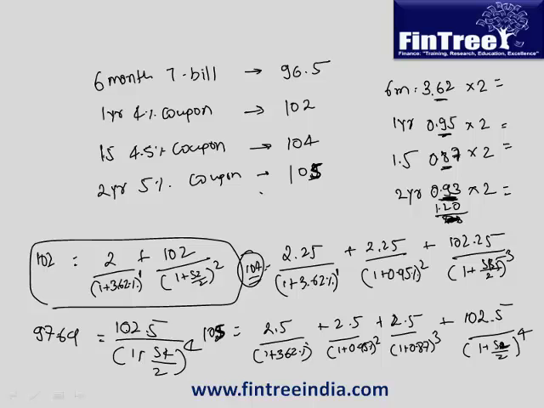Negative 102.5 is future value. 4 is N. Compute IY. How much? 1.81 is your IY. That multiplied by 2 is your 2-year spot rate.